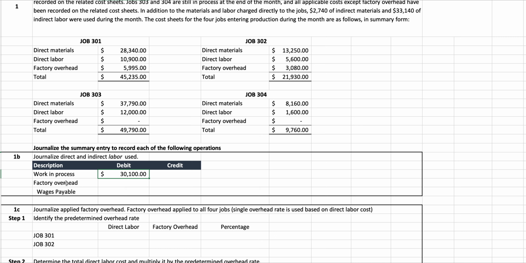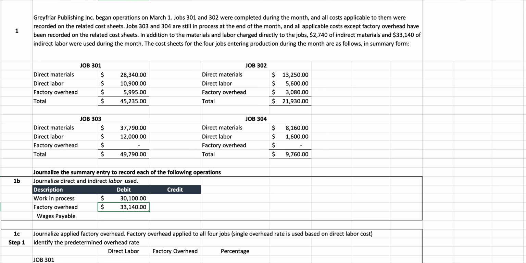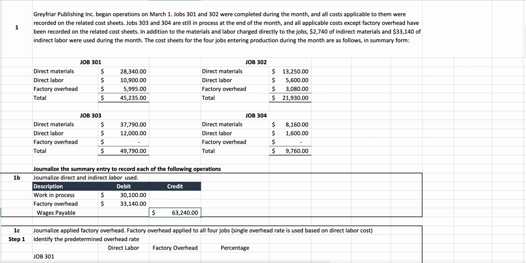Now again, we have our factory overhead, but this is factory overhead that's related to our indirect labor. Up in the narrative again, we see that we have 30,140 that's related to indirect labor. So that's what we want to capture down here. 30,140. We're going to sum that up for our wages payable, and we now see that our indirect and direct labor is going to be 60,240.